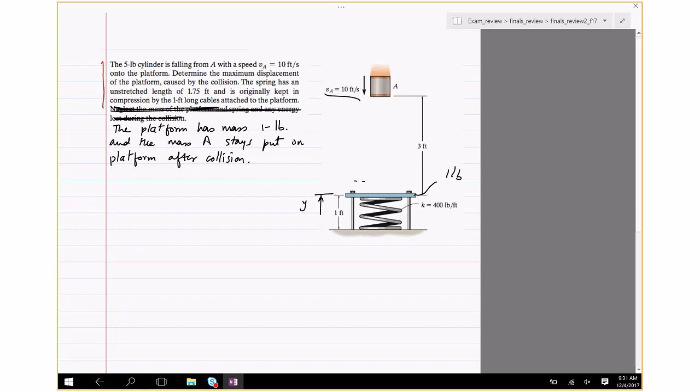The only difference is that the platform has 1 pound mass. It's not massless, unlike the previous problem. So A collides, it sticks, and the whole assembly moves down as one single assembly.